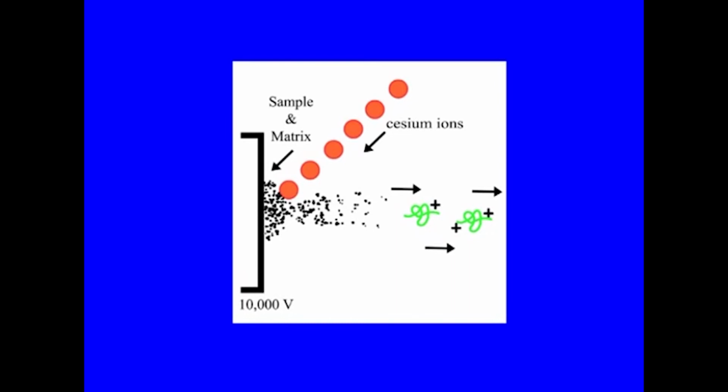With MALDI, the matrix is typically a solid crystalline, whereas for FAB it is a liquid matrix. It is very important to note that fast atom bombardment is about 1000 times less sensitive than MALDI. So, if you see here, this is a schematic of how ionization occurs in fast atom bombardment, where a continuous ion beam bombards, and then ions from the sample are desorbed from here.